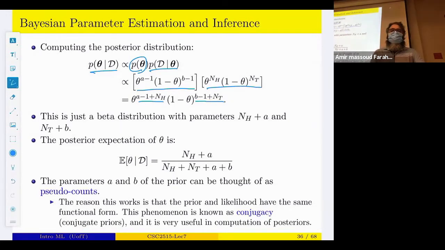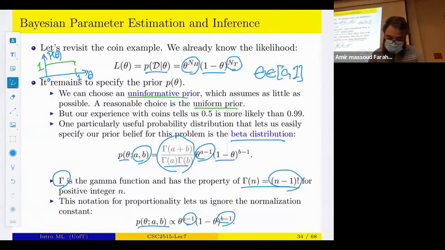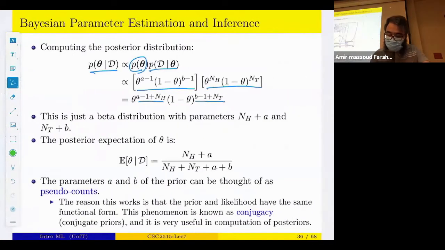One thing that is noticeable here is that this is essentially a beta distribution, but with new parameters. Remember that the form of the beta distribution was theta to the power of a minus 1, times 1 minus theta to the power of b minus 1. What we have here is essentially the same, but with a new a prime and a new b prime.